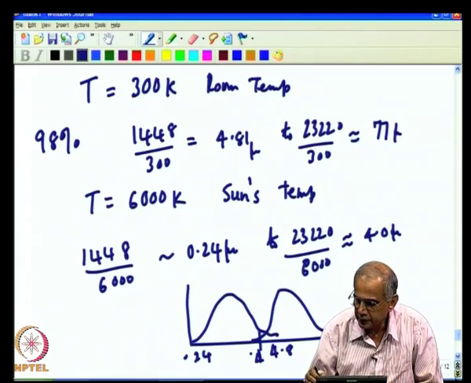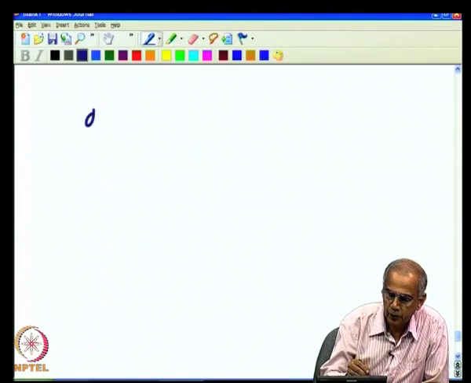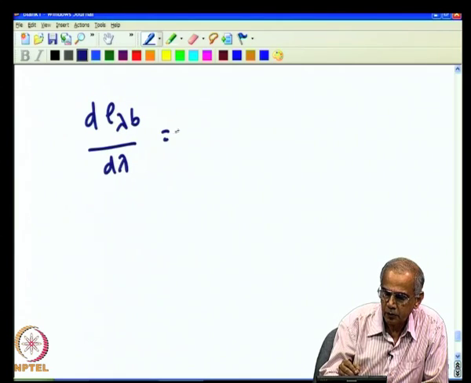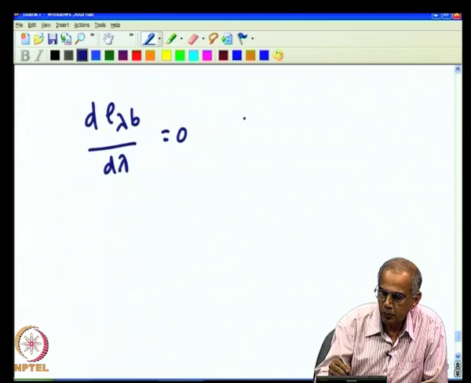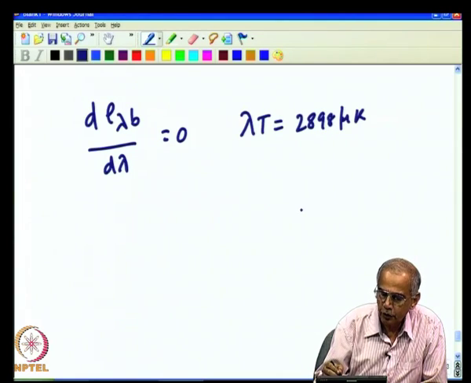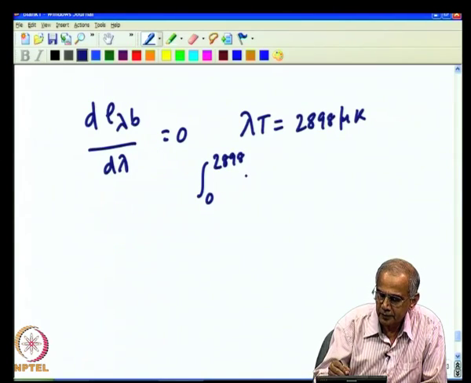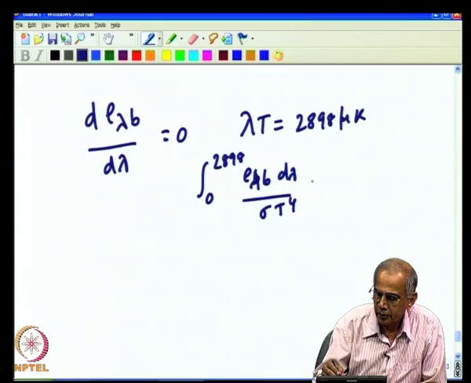The second interesting piece of information is that we saw that dE lambda b by d lambda was 0 where lambda T was 2898 micron Kelvin. We also see that the integral from 0 to 2898 of E lambda b d lambda by sigma T to the power of 4 is 0.25.